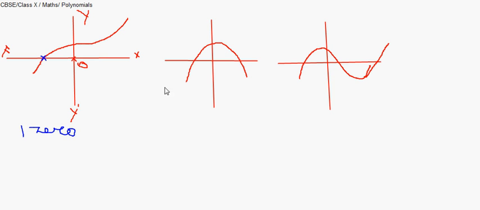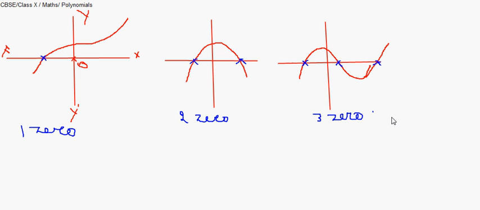In the second one, there are 2 points of intersection at the x-axis, so it has got 2 zeros. This has got 3 points of intersection, so this has got 3 zeros. This is how you read the possible zeros of the polynomial.